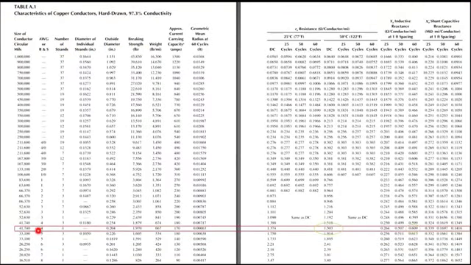For size 4 conductor, single strand, the resistance at 50 degrees Celsius and 60 Hz frequency will be 1.503. You can see same as DC, so over here the value will be the same as the DC value. So this will be 1.503. Now we are not going to use this one because this is for 25 degrees Celsius. In the statement, we are supposed to use the value of resistance for 50 degrees Celsius. So this is the value of resistance.